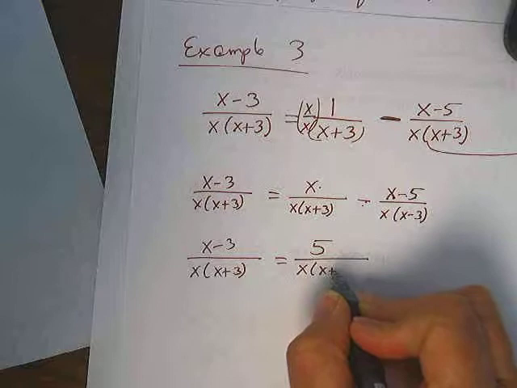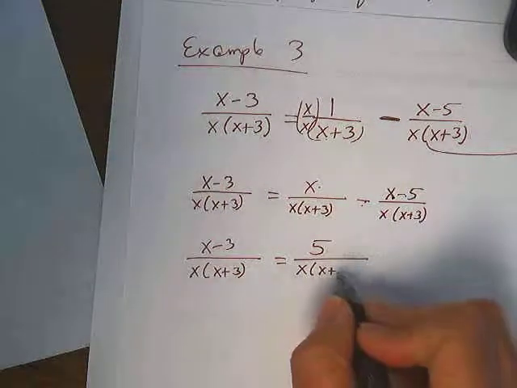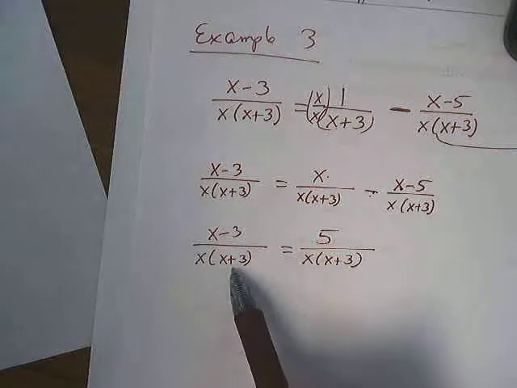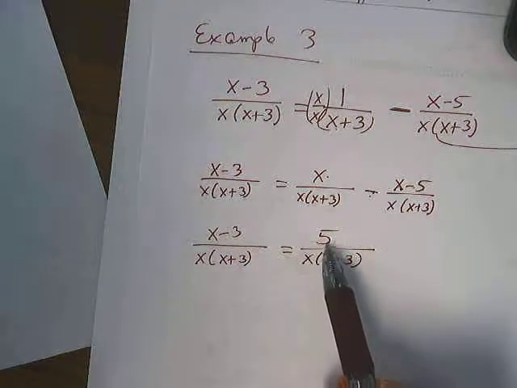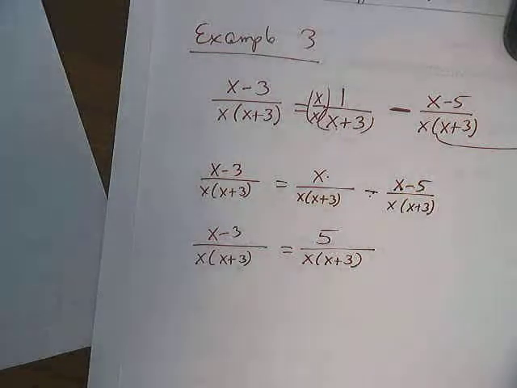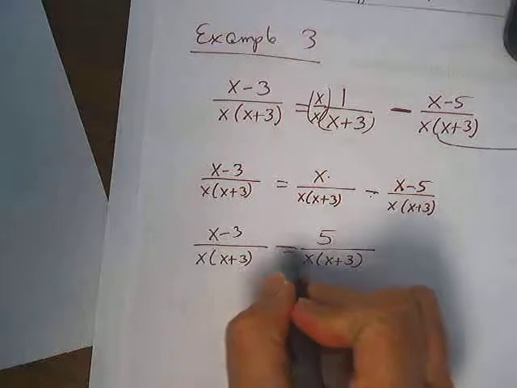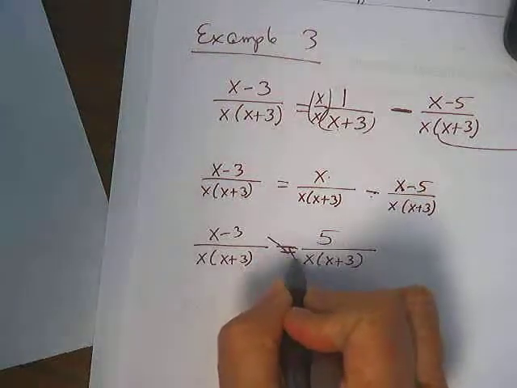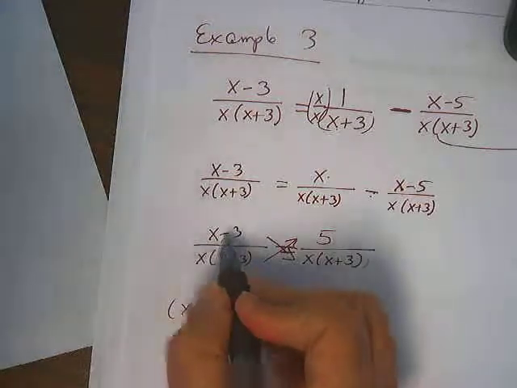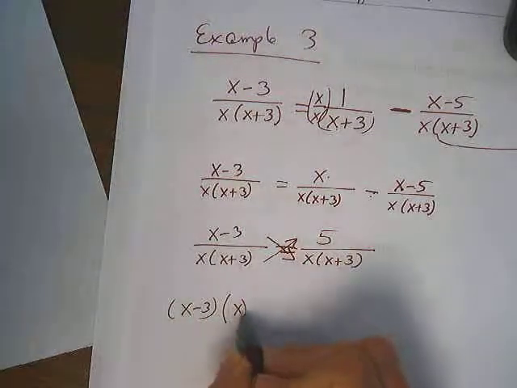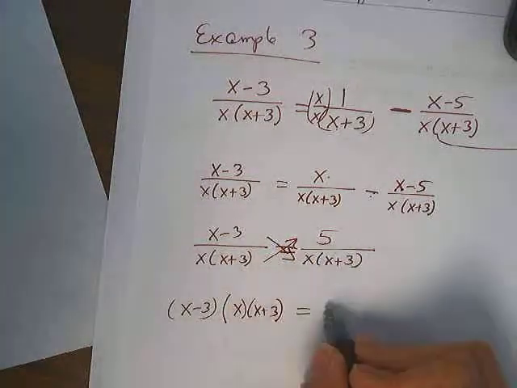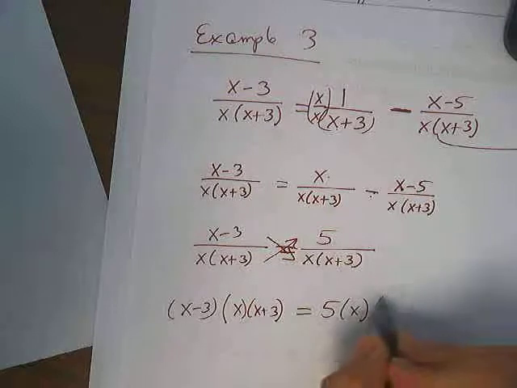So we have x minus 3 over x times x plus 3 equals 5 over x times x plus 3. Okay, so now we want to cross multiply. So top times the bottom. So we have x minus 3 from this top multiplied by x times x plus 3 equals 5 times x plus 3. This looks yucky, but stay with me.